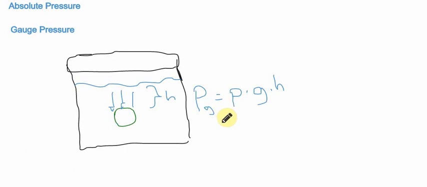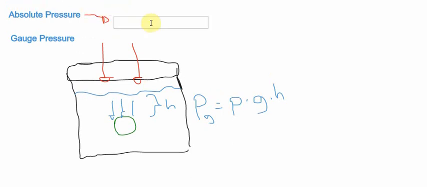Now, in order to find the absolute pressure, it's taking the pressure of everything. So on top of this water, it's also experiencing pressure from the atmosphere. So typically, absolute pressure on the MCAT will require you to take into account the atmosphere.